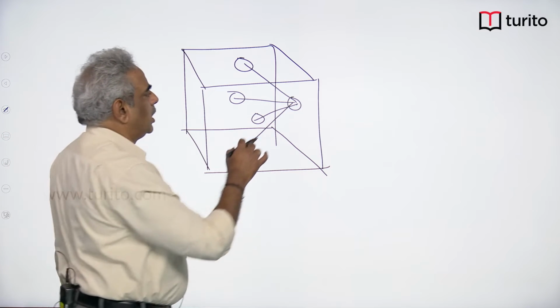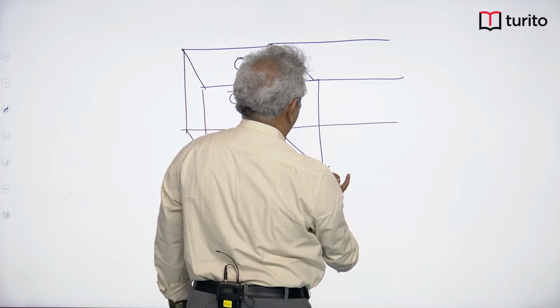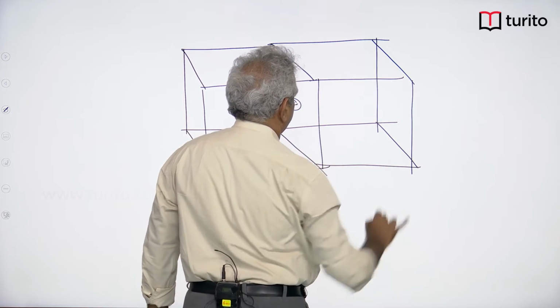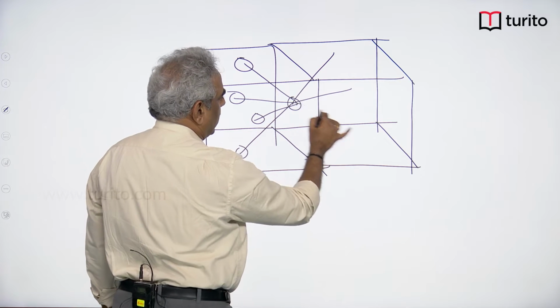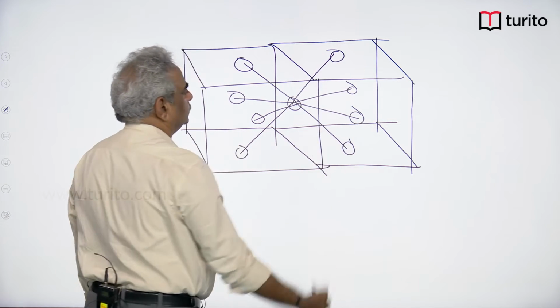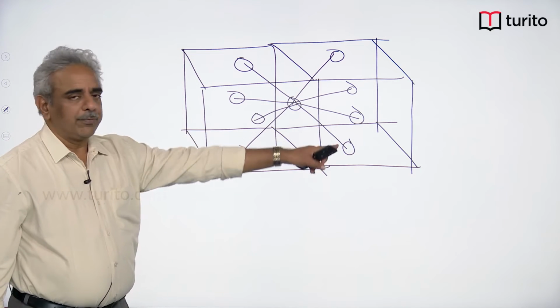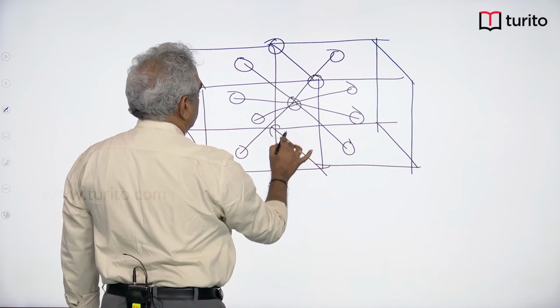In addition, on the right side also you have faces: top face, back face, front face and bottom face. So, here 4, and within this plane it is in contact with all the 4 corners.